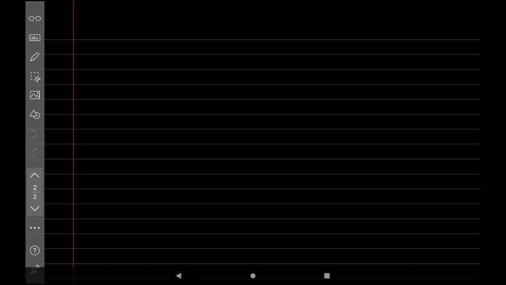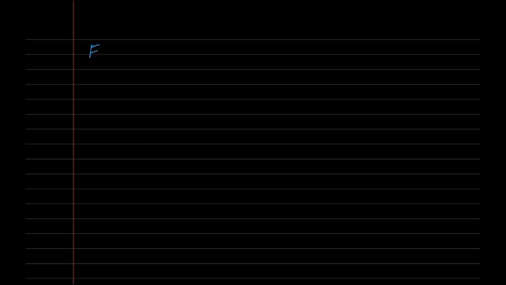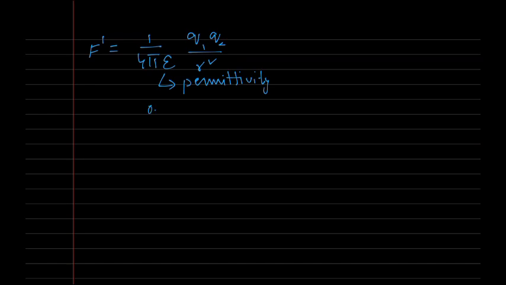Let's say these two charges are placed in some other medium, then the electrostatic force becomes 1 by 4 pi epsilon q1 q2 by r square, right? Here epsilon is the permittivity of the medium in which the two charges are placed.